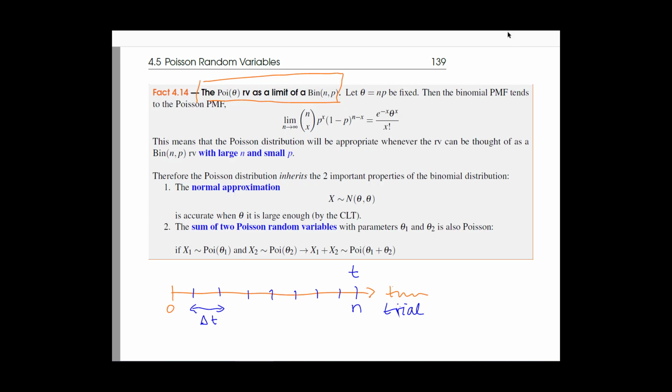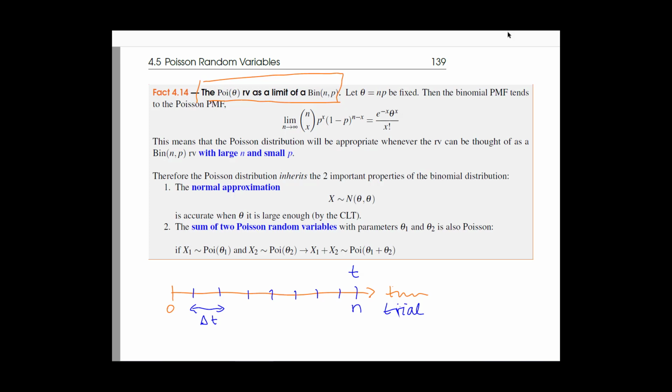So depending which axis you look at, there's a correspondence between discrete time, so number of trials, and the real time, simply because we know the time interval that each trial represents.